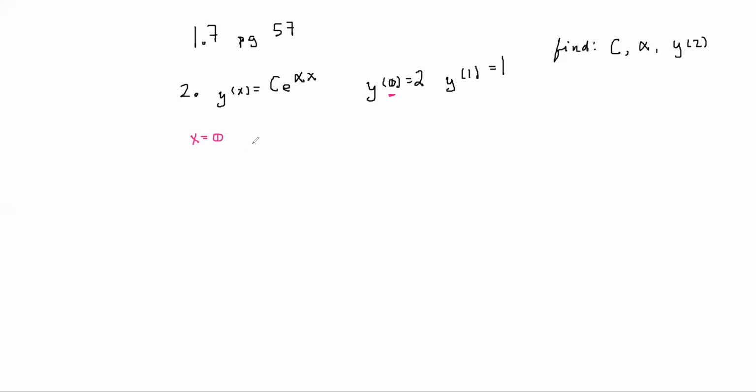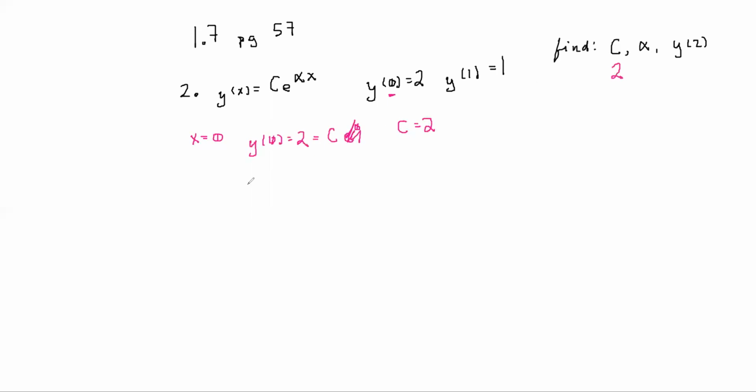That's going to make things pretty easy, because we know that y of 0 is equal to 2, which is equal to c e to the 0. E to the 0 is equal to 1. So we know that c is equal to 2. That's just where we're going to start. We're going to pick off one of these variables that we know we can work with. So c is equal to 2.